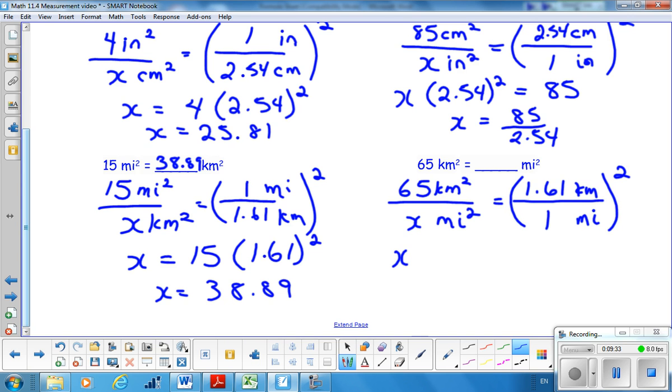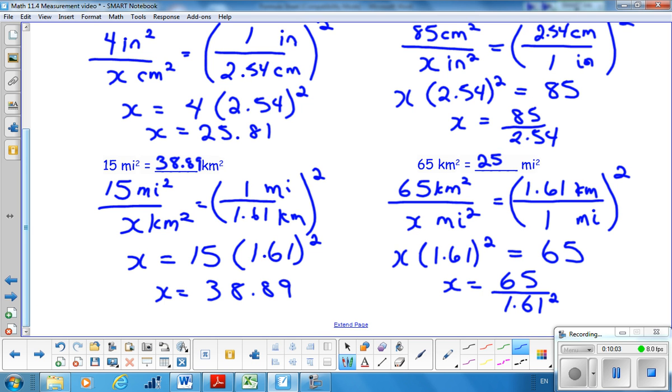So we end up with x times 1.61 squared equals 65. If we are dividing both sides then by 1.61 squared, we have 65 over 1.61 squared. Dividing that out, 65 divided by the conversion factor squared gives me 25.08 square miles.